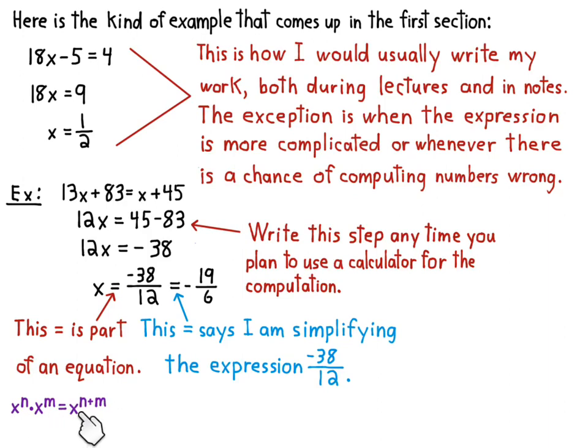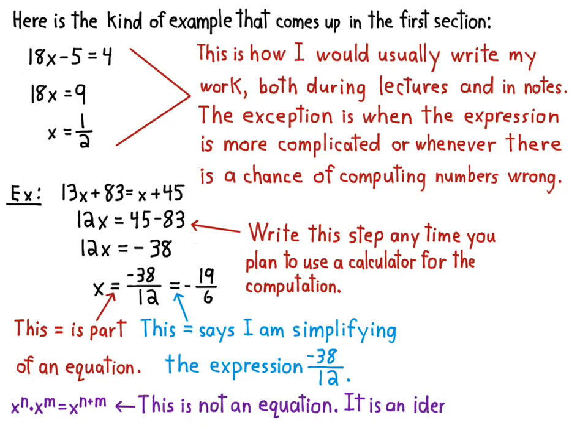But for every number for which this is defined at all, this is true, and that's what we call an identity. So this equals signifies an identity. You're not trying to find a value of x that makes it true, because it's true for all values of x. Okay. So you can think of it as a rule of math. And all identities you can think of as rules of math or rules of physics, things like that.